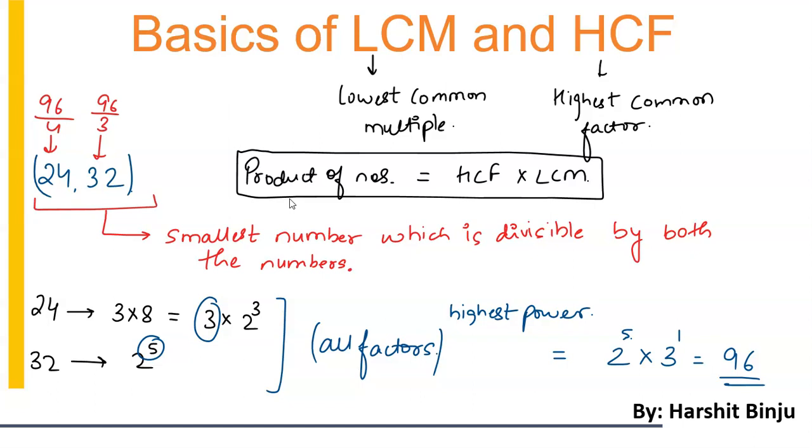When you do 24 into 32, the result comes out to be 768, and 8 into 96 also comes out to be 768. So the product of the numbers is always equal to SCF into their LCM.